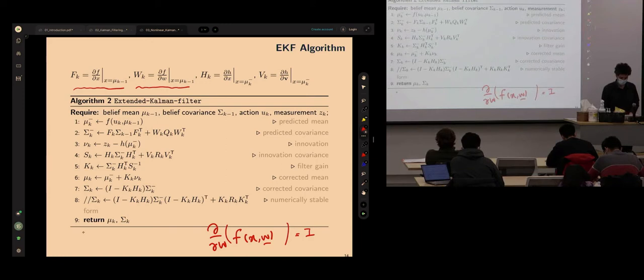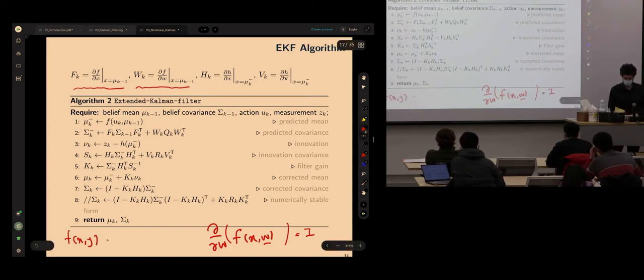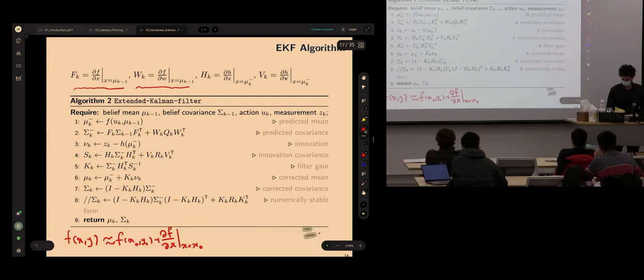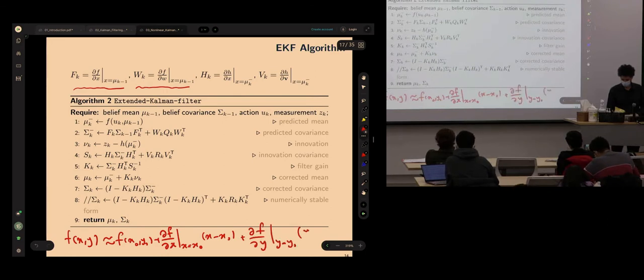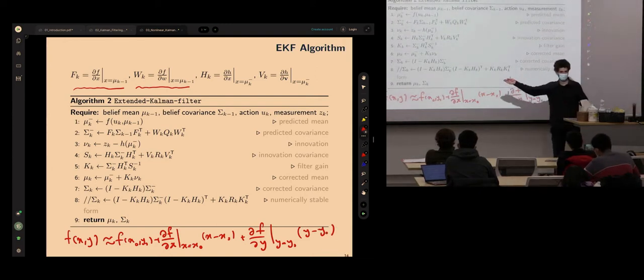In other words, the Taylor expansion of the function f of x and y, you need to evaluate it for both of them. If you have 10 variables, keep going, right?